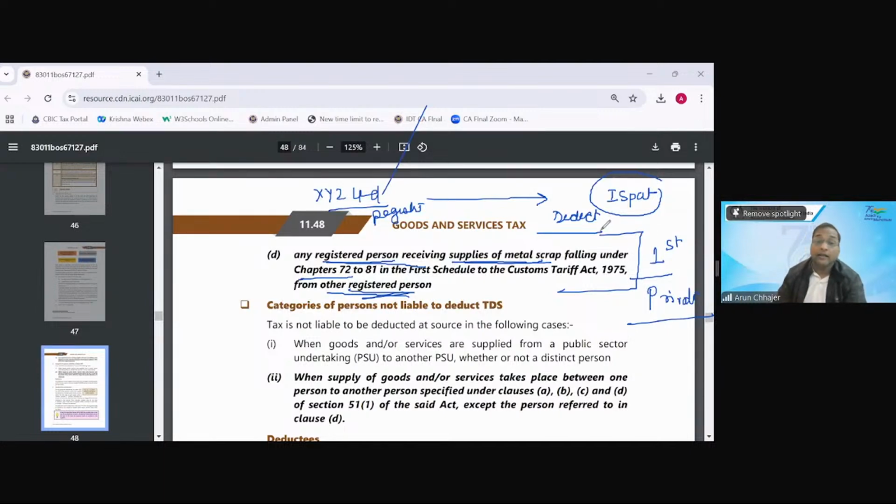We have discussed clause A, clause B, clause C and clause D. In clause D, we have discussed A, B, C and D.